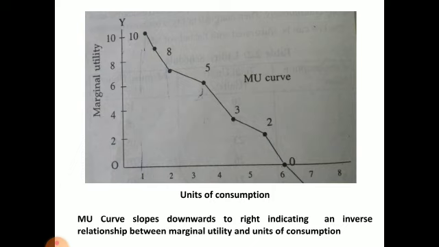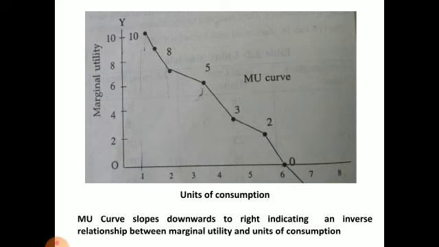MU is the marginal utility curve. It slopes downwards to the right, indicating an inverse relationship between marginal utility and units of consumption. That is, when the stock of the commodity increases, the marginal utility decreases.